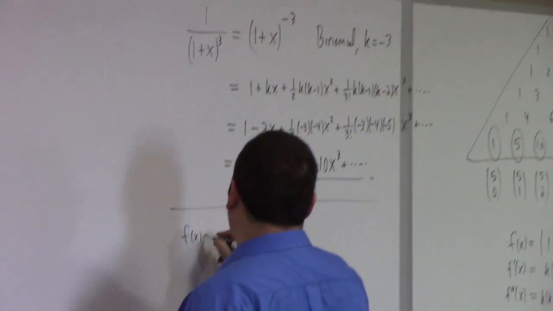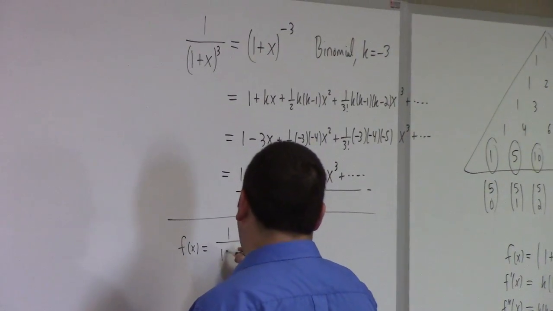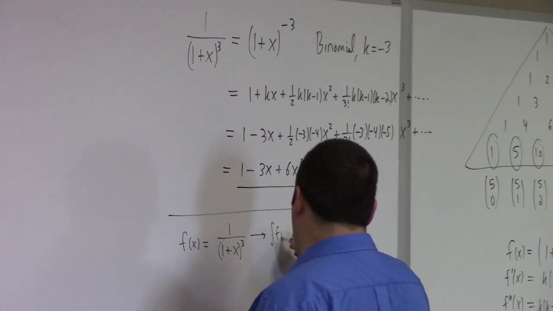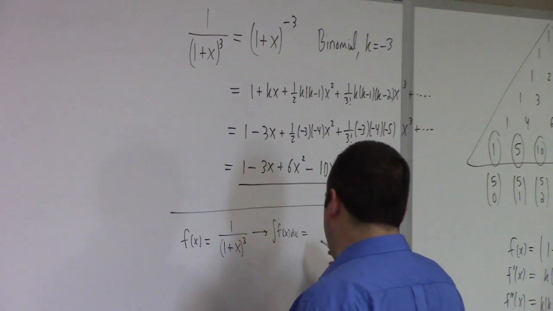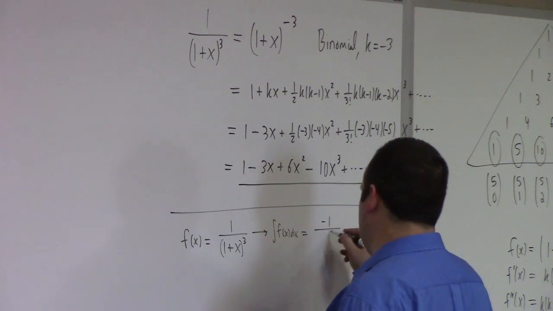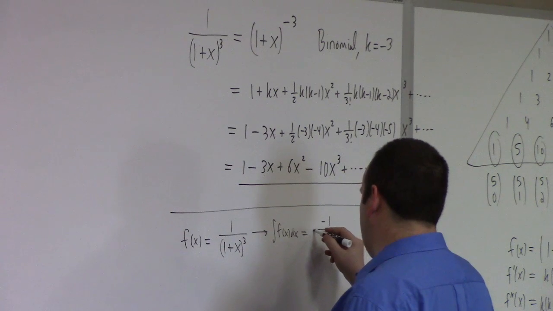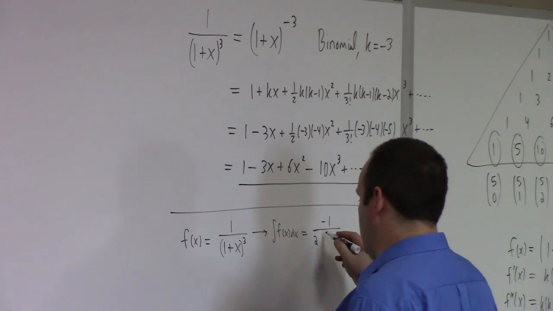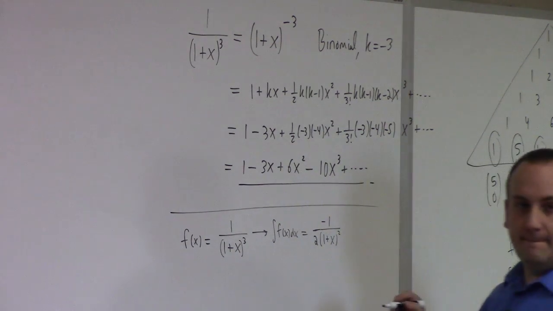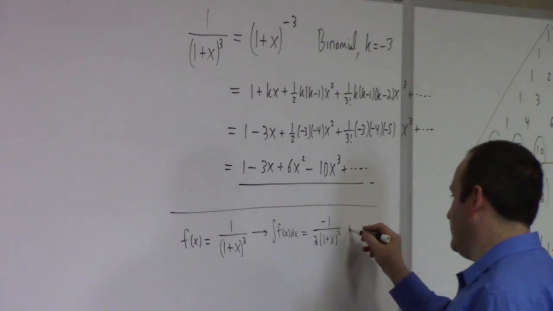f of x, 1 over 1 plus x cubed, right? So the integral of f of x is what? Minus 1 over 2 times 1 plus x squared, plus a constant.